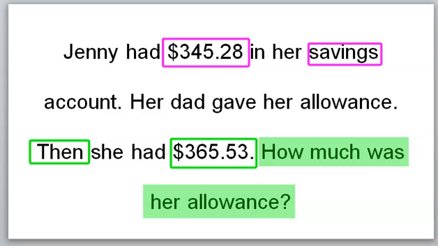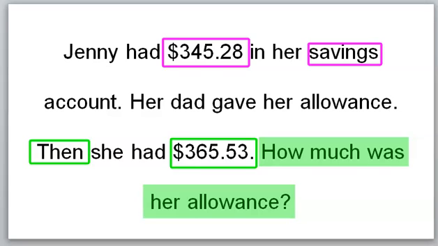All right, so I want you to think about this problem. Do I know what my whole is? Do I know how much total money is in my savings account? So thinking about what it's saying, she had an amount, her dad gives her more, now she has $365.53.